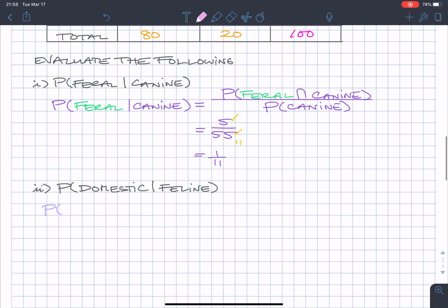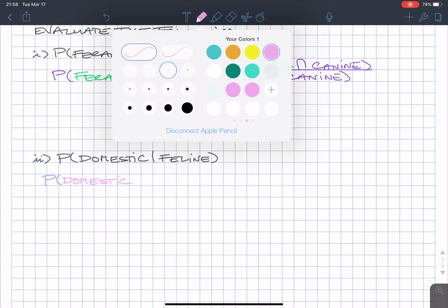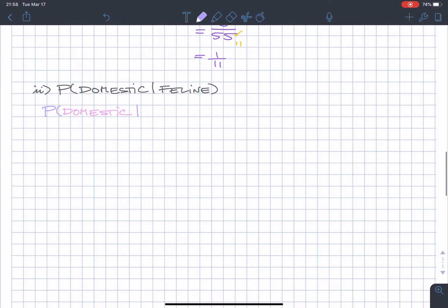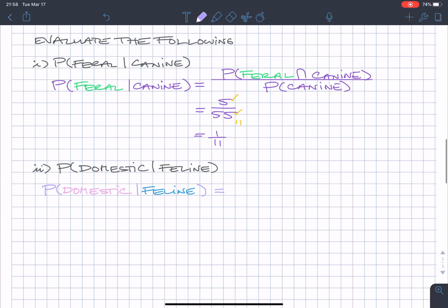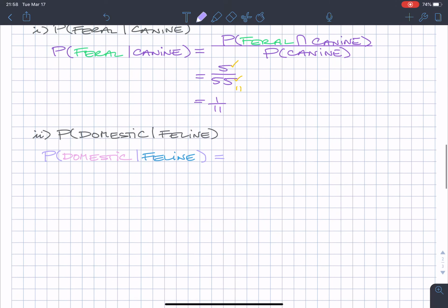So the probability of being domestic given that you're feline, which was in blue. I'm going to do the quotient, which is the probability of being feline and domestic divided by the probability of being feline.